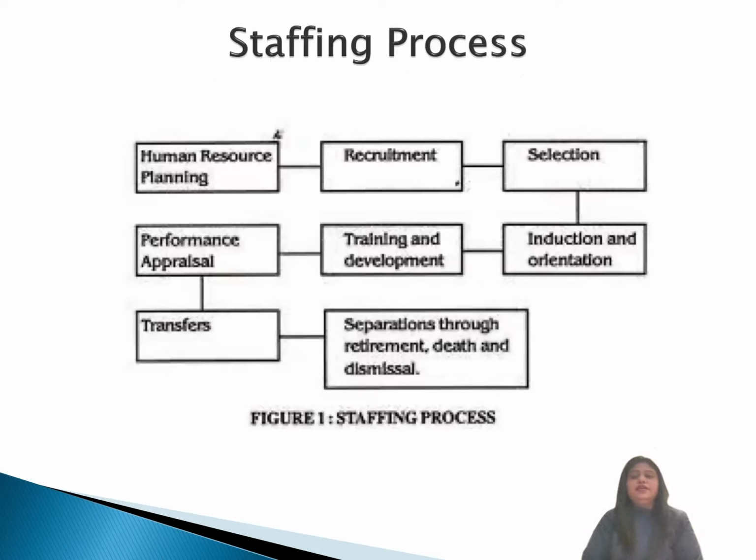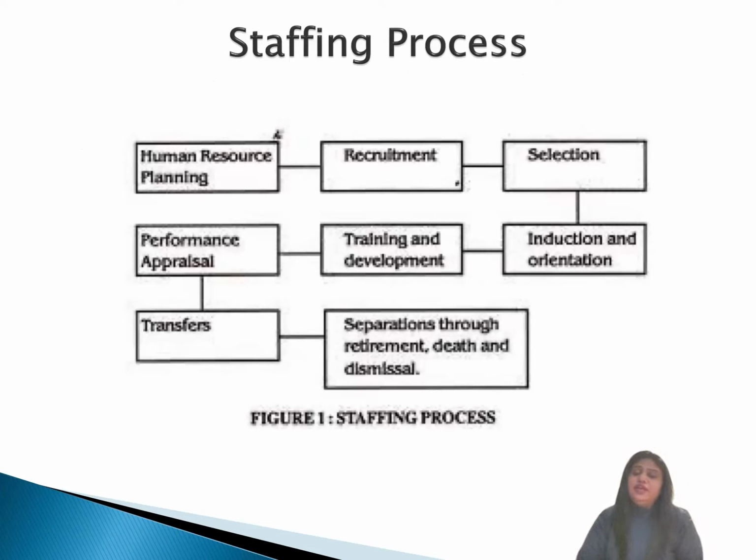So basically, there are 9 steps in the process of staffing. First of all comes human resource planning, that is HRP. Once we are done with the human resource planning, we'll move to the next step, that is recruitment. After recruitment comes selection. Then after selection comes induction and orientation programs.